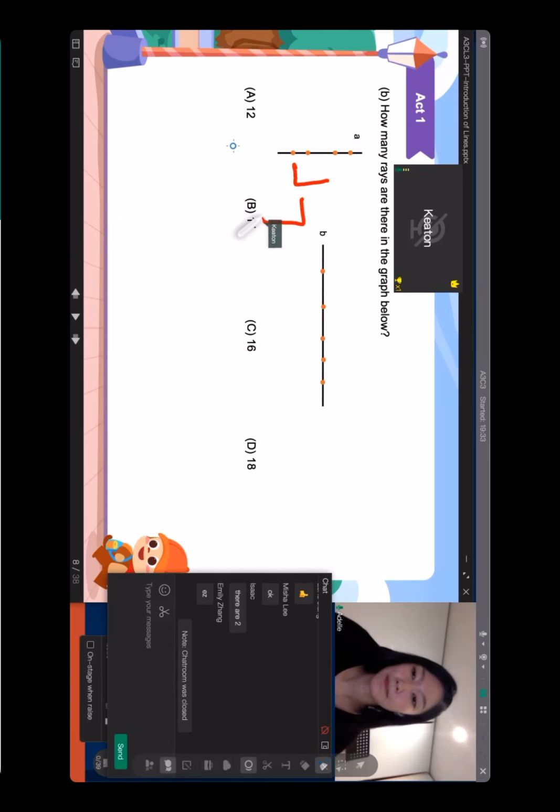Each can go 2 ways. So each dot can go 2 ways, one that way and one that way. So then in total there were 9 dots.